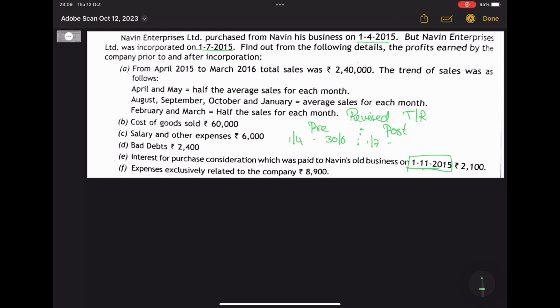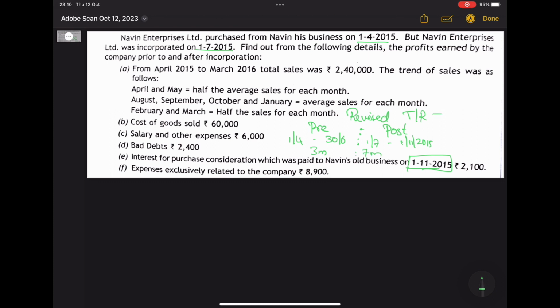Next, 1/7/2015 to 1st November 2015. April to June is 3 months, and July to November we have to calculate, not including November.